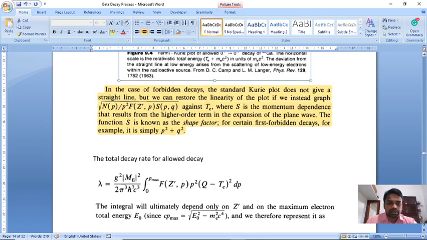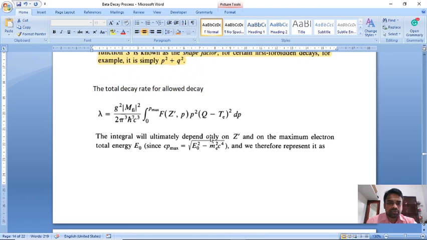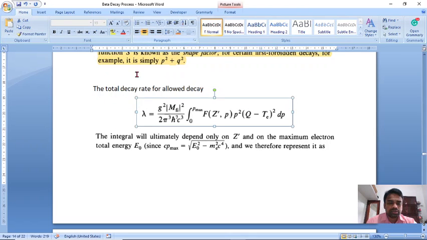Then the total decay rate for allowed decay, we can write lambda equal to g square mfi square by 2 pi cube h cross power 7 c cube into integral 0 to p maximum f of z prime p into p square q minus t whole square dt.